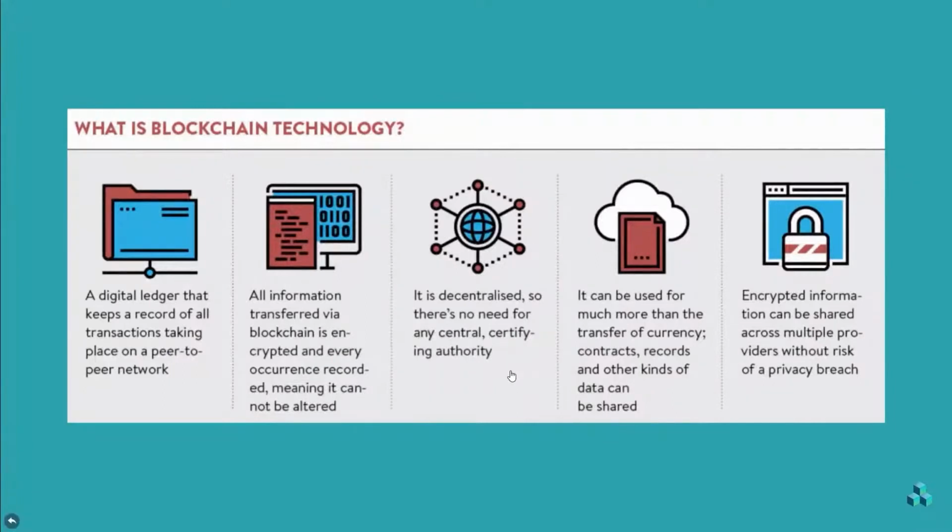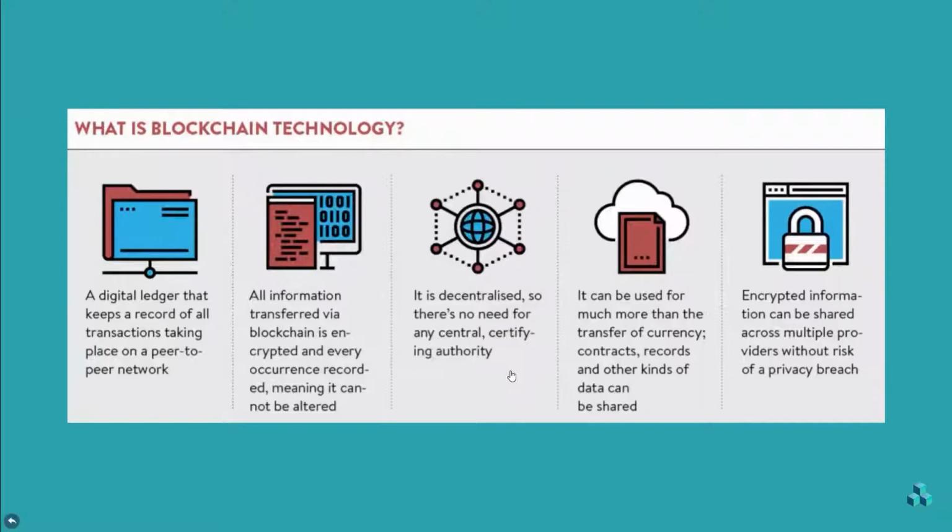That means there is no need for any central certifying authority. It can be used for much more than transfer of currency. It can be used for contracts, records, other kinds of data can be shared on the blockchain. So it's not just currency that can be transferred. One thing that we have to realize is that Bitcoin is actually a proof of concept, where Satoshi Nakamoto was proving that value can be transferred across borders without there being a central financial institution in a country.